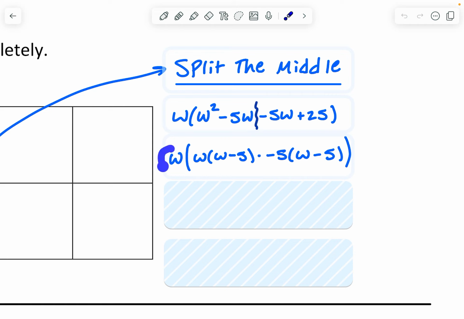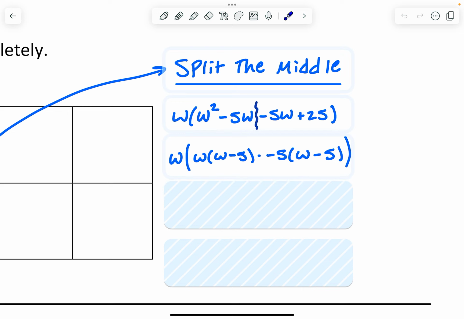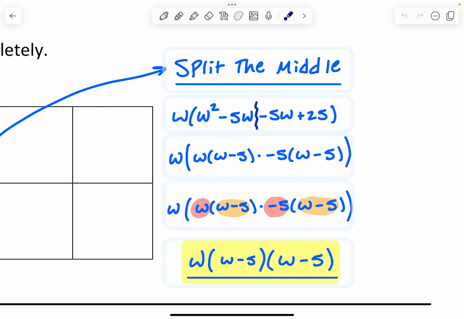So again, w is going to stay in front. The first product that we're going to have is w and negative 5. And the second product that we have is w minus 5. So when we group whatever we were able to factor out, which was w minus 5, and whatever we weren't able to factor out, which was w minus 5.